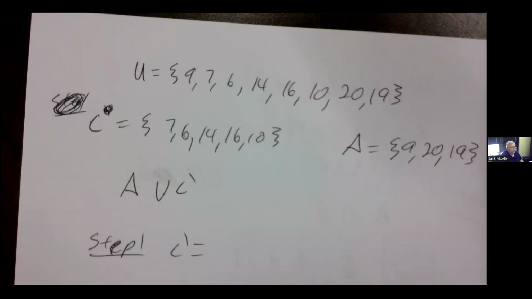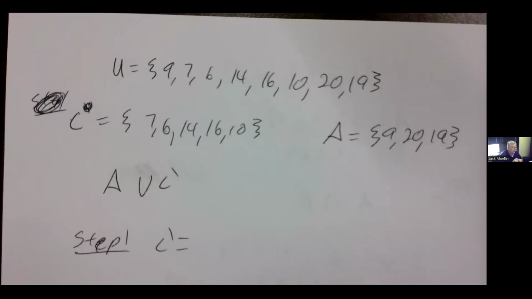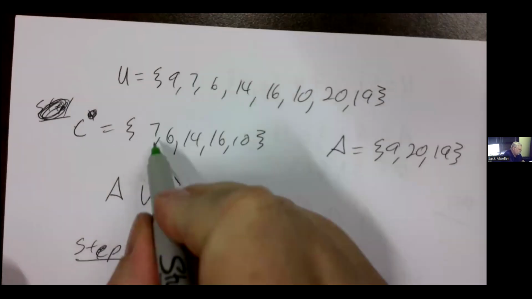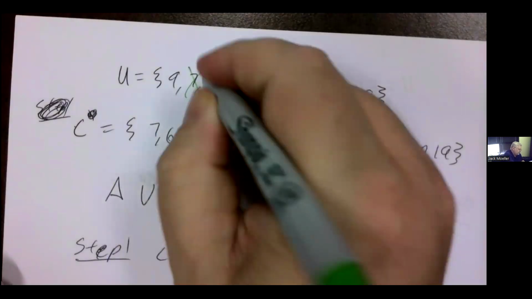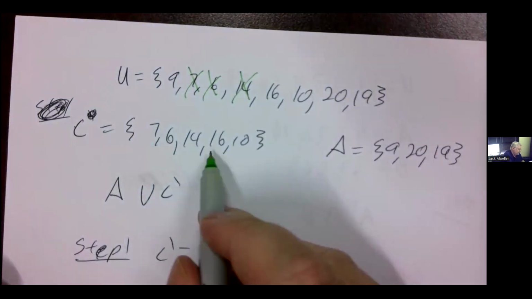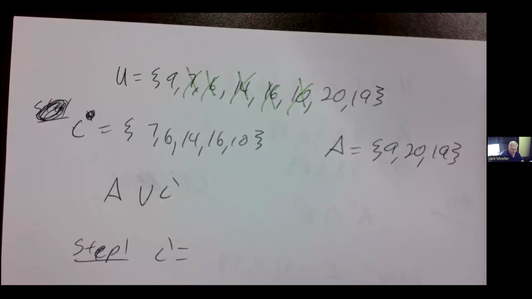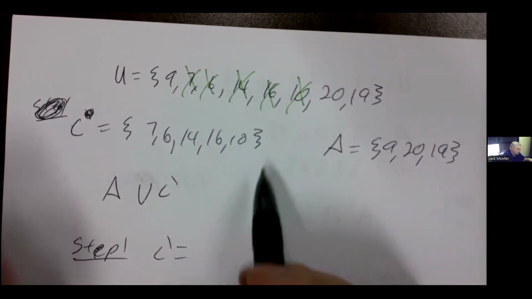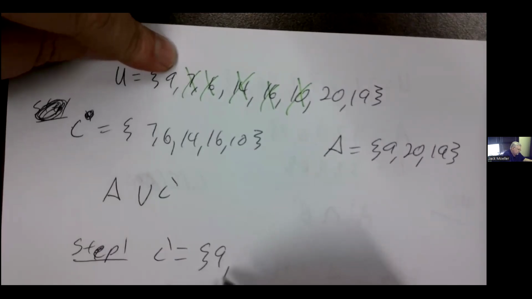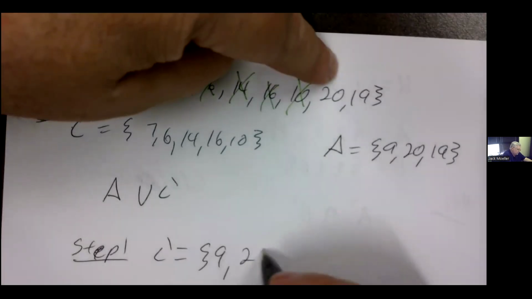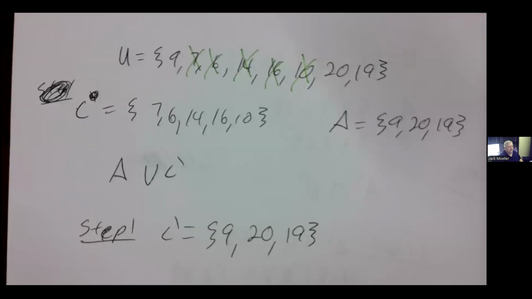Since we're only doing one complement, I only need the universe once. So I don't want 7, I don't want 6, don't want 14, 16, or 10. That means C complement is 9, 20, and 19. Okay, so that's the first step.